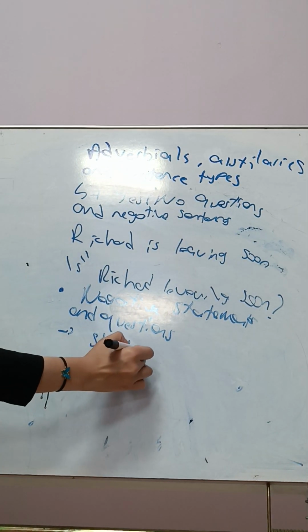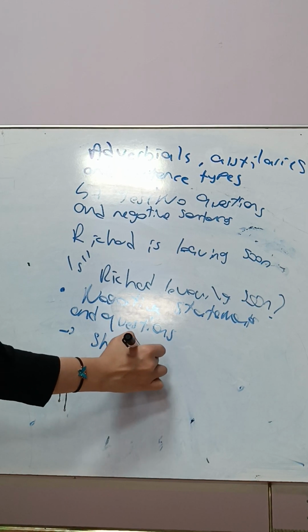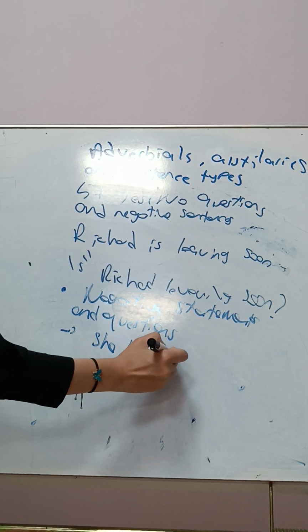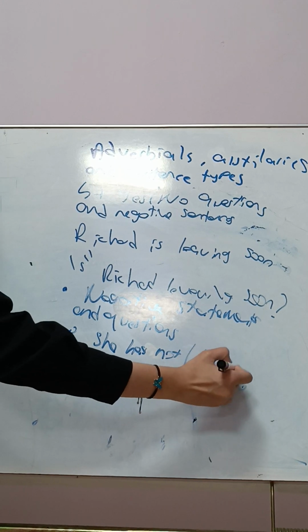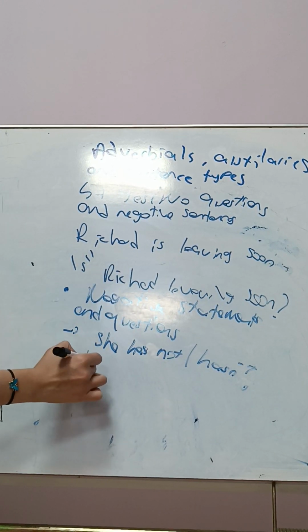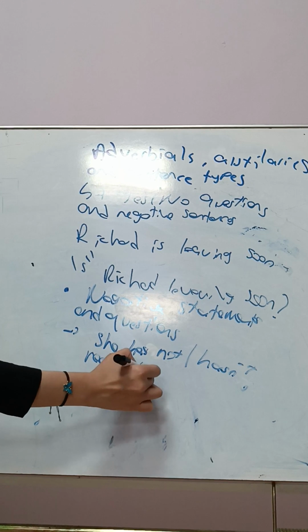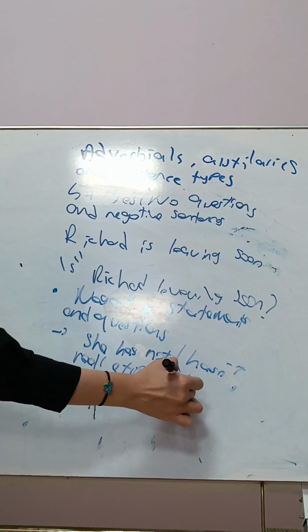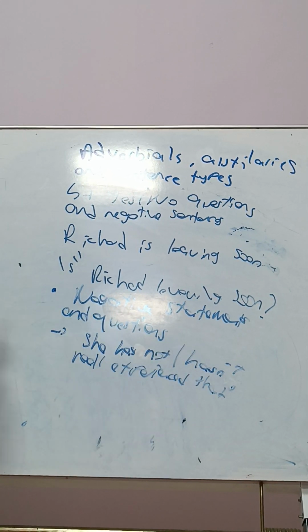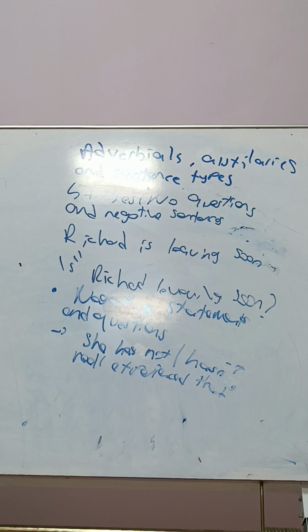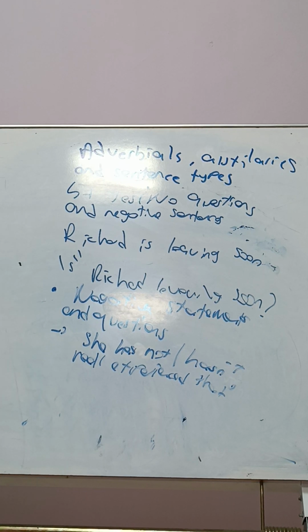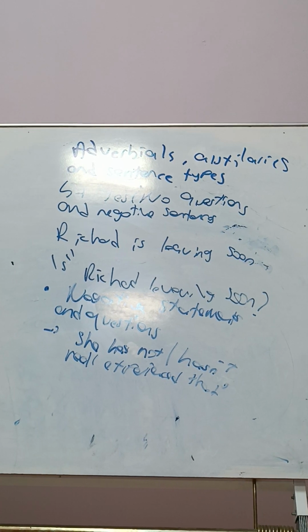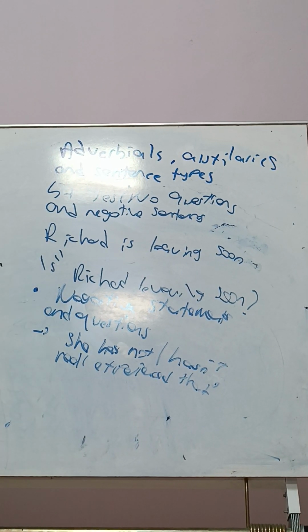She has not, or hasn't, really experienced that. This example shows the formation of negative statements from the corresponding positive statements given above. In this case, the negative element, not, is placed after tense and the first auxiliary element.